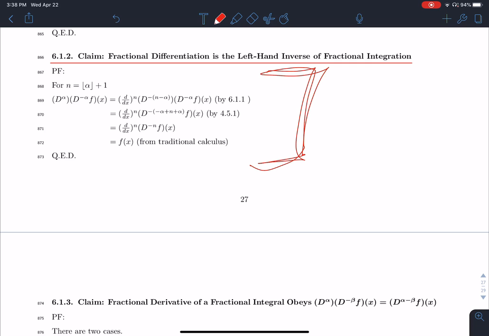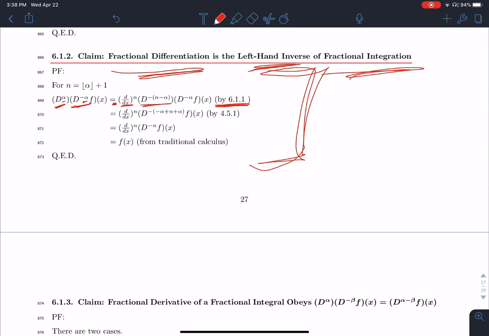Okay, so I'm going to claim that fractional differentiation is the left-hand inverse of fractional integration. So let's have some fractional derivative on the left hand of some fractional integral of like order. Okay, so are we ready? Well, I didn't prove it, but I flashed it for you in 6.1.1 that I can take out n traditional derivatives from a differintegral.